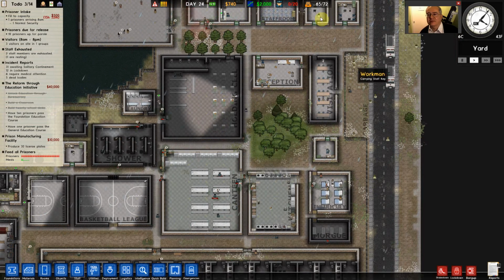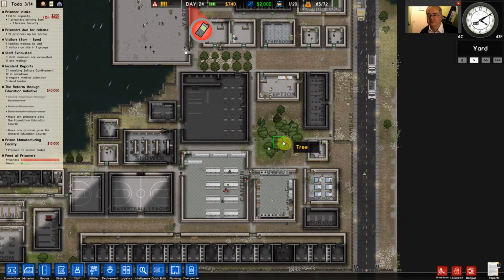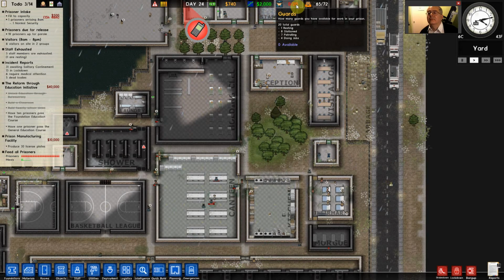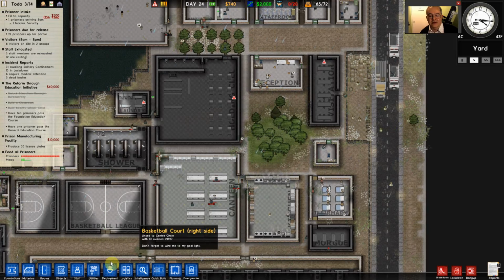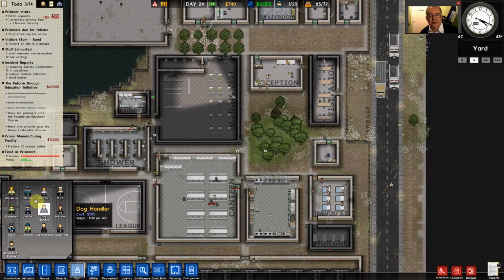Quite a lot of prisoners must have died because my capacity has shrunk. Only 4 doing jobs. So probably let's have another one for a moment. Staff, 1 more guard.